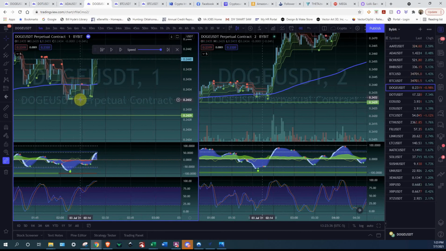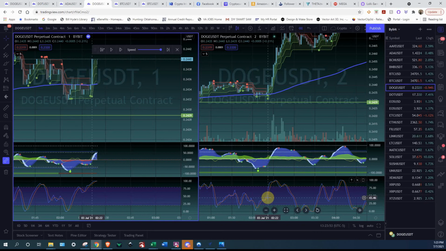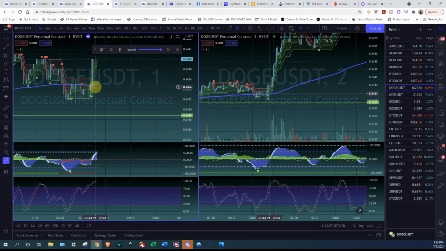So look, here we had a sell signal. According to this, it should have been a good entry, but if you look over at the 2 minute window, okay, the RSI is actually in the process of coming up. So that should have told us right there, do not enter this trade. And that is exactly why, because we would have lost that trade. So that's kind of how it works.